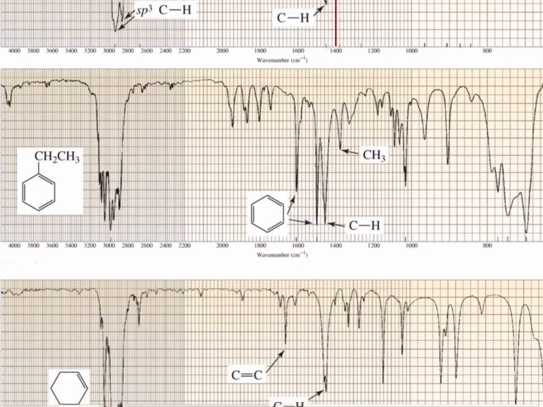So this absorption band is going to correspond to this carbon-hydrogen bond. Similarly, when you take a look into this compound right here, you do have a methyl group and you also have a methylene group, right? So you're going to drop a line around 1400. You can see that there are peaks on the right side and as well as on the left side. So the right side is going to correspond to the carbon-hydrogen bend present in the methyl group, and the one on the left side is going to correspond to this carbon-hydrogen bond, for the methylene carbon-hydrogen bond.